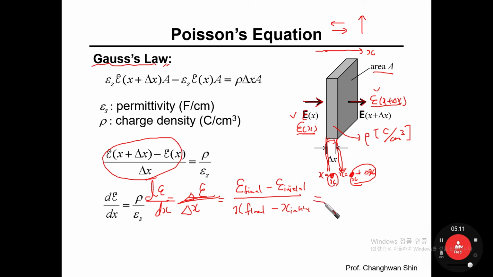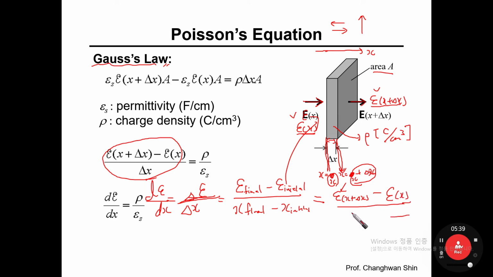In this specific case, the electric field at final, here at x plus delta x, corresponds to the electric field at final, and the electric field intensity at the initial position corresponds to the electric field at x.